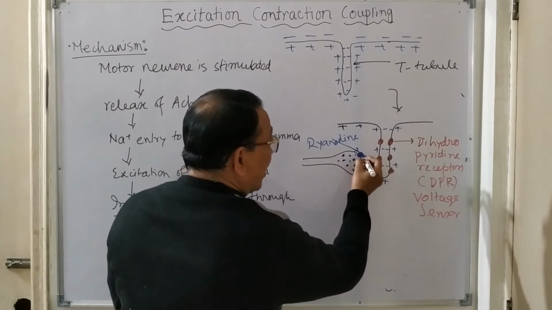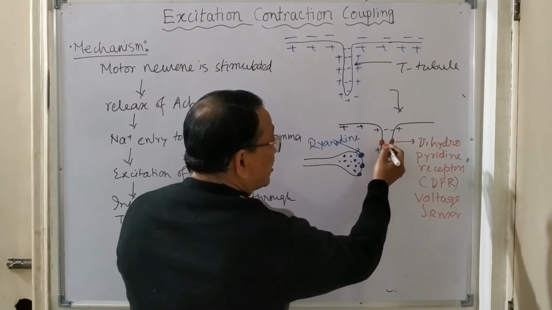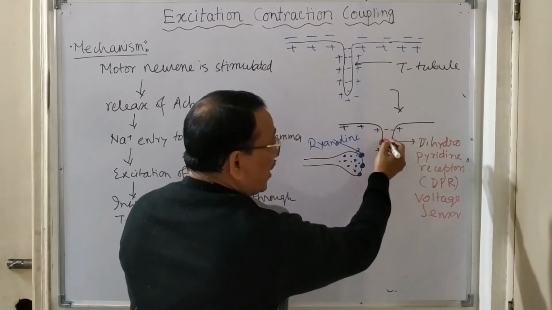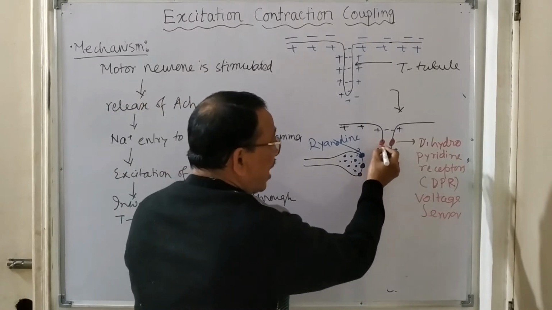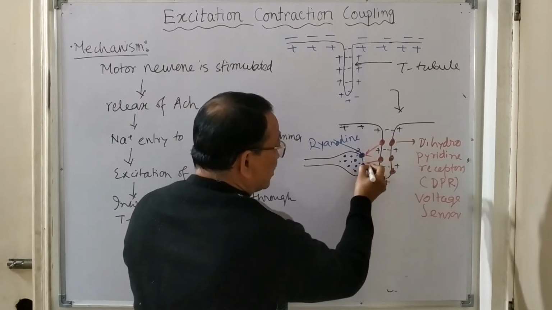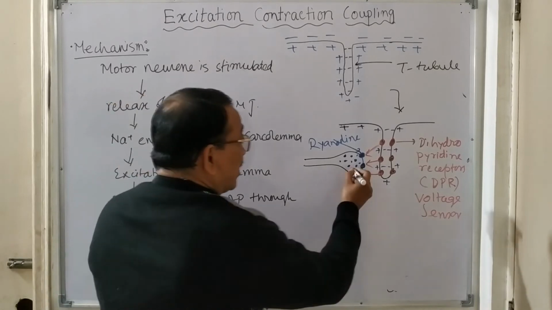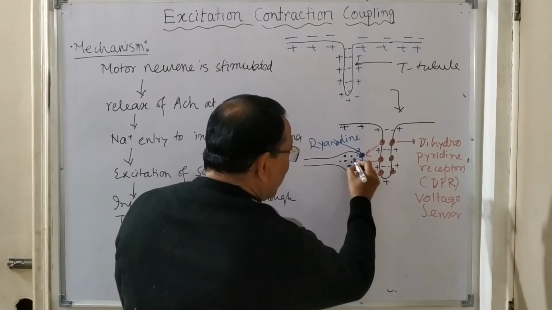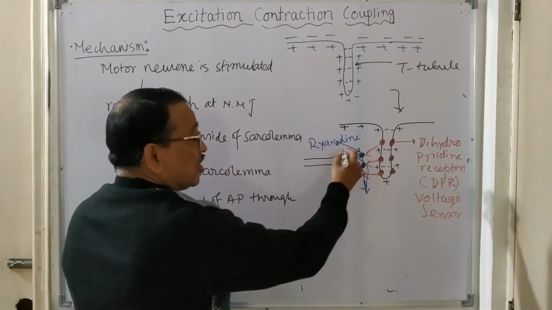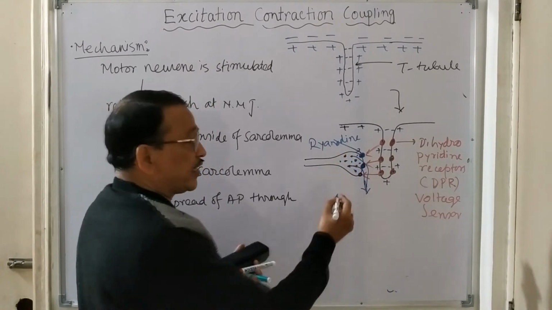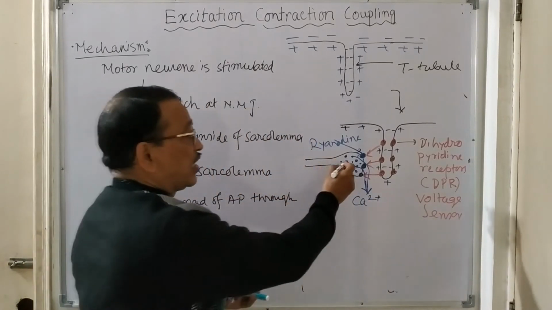Once the dihydropyridine receptor gets aware that the voltage across the tubular membrane has changed from inside electronegative to inside electropositive, it sends the signal to the ryanodine receptor, and this results in the release of calcium ions from the terminal cisternae through these ligand-gated calcium channels, the ryanodine receptors.